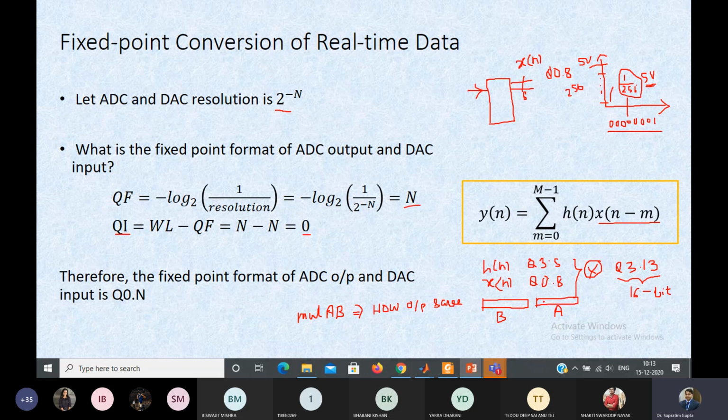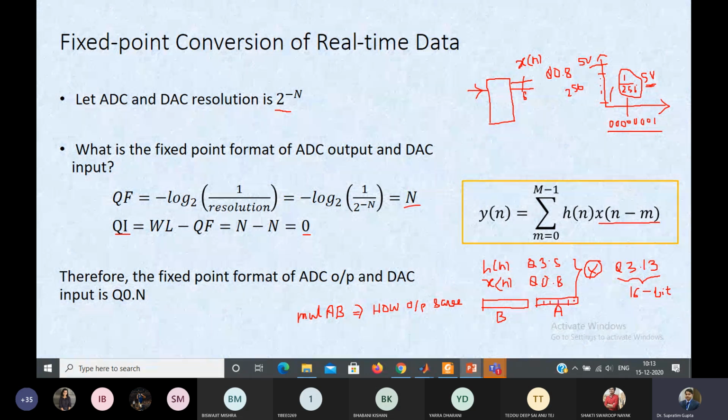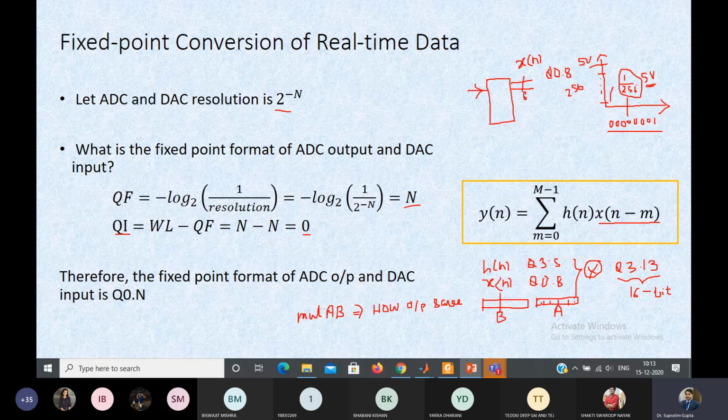So now what is in A is the fractional value, the rear end fractional value. Which means that after three bits we'll have a virtual point there, and whatever value is after that is fractional, and A contains the rear end fractional value, so we can discard it. So we can take only the B content and we'll come up with a 3.5 format again in the output. We have lost some of the fractional values, which possibly our application can tolerate.